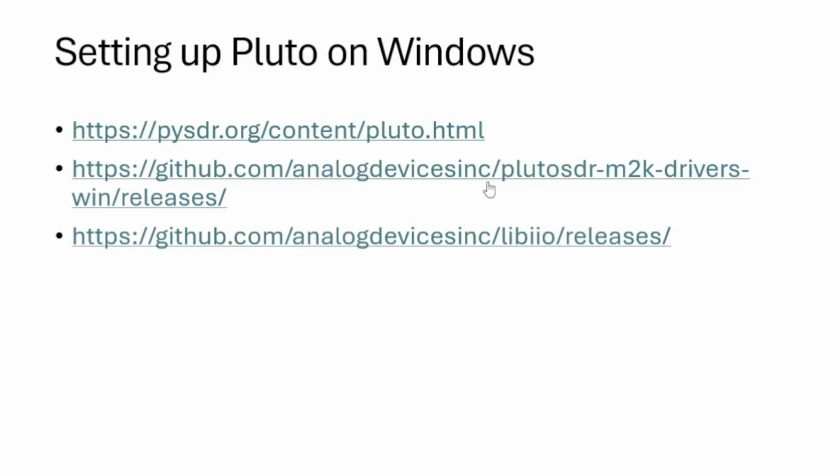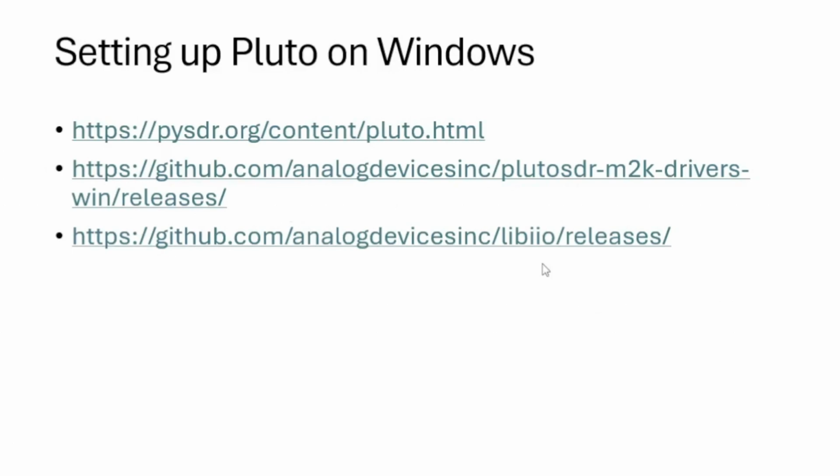The first one is the library for Windows that you can download from GitHub. It's provided by Analog Devices. You need to download and install this driver so your ADALM Pluto is defined and recognized correctly by Windows.